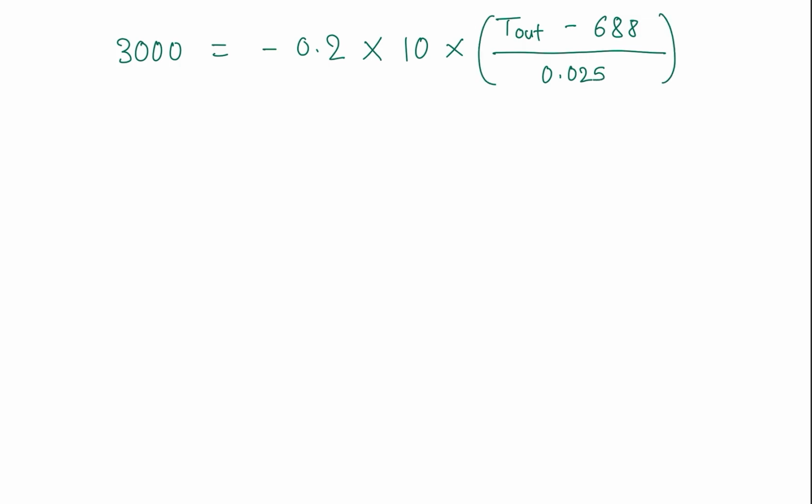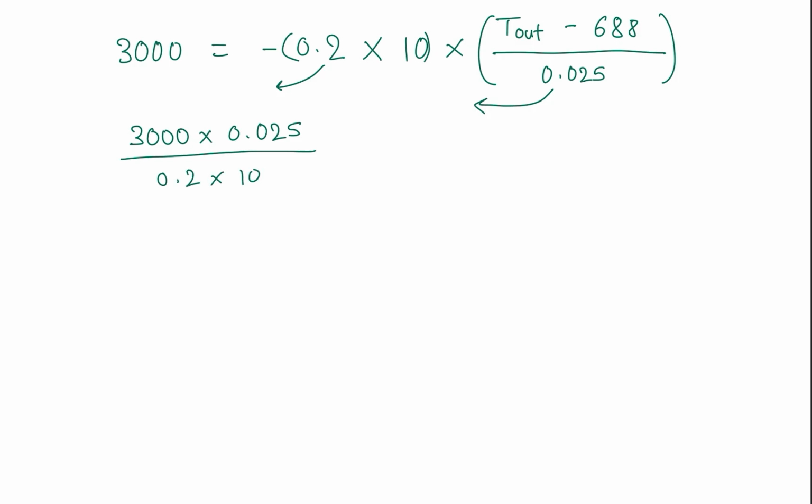Now to solve this equation, we can take this 0.025 to the other side, and take this term into the denominator, so 3000 times 0.025 divided by 0.2 times 10 equals minus of T out minus 688.